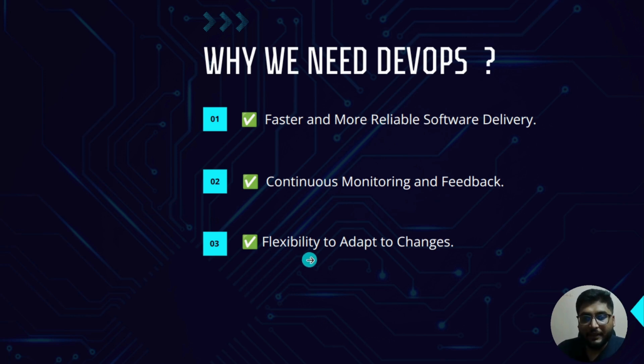Next one, flexibility to adopt changes. Whenever the client gives new changes or updates for our project, DevOps provides faster delivery with the quality of the software. So that's why we need DevOps. These 3 points are more important.